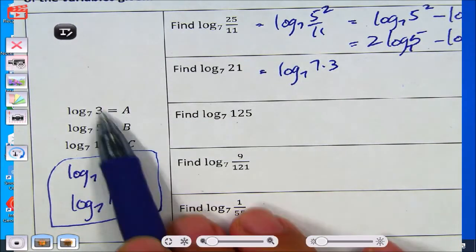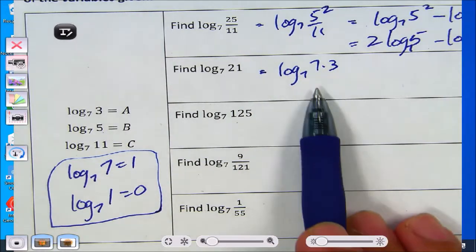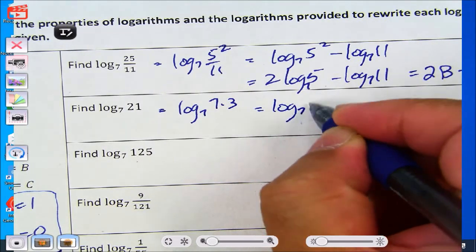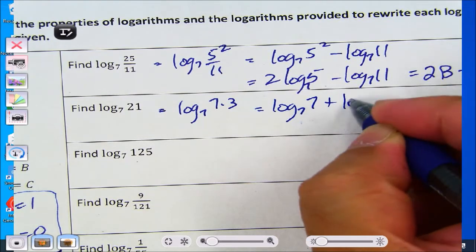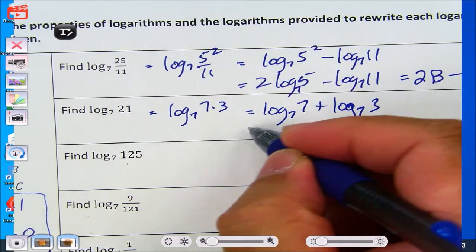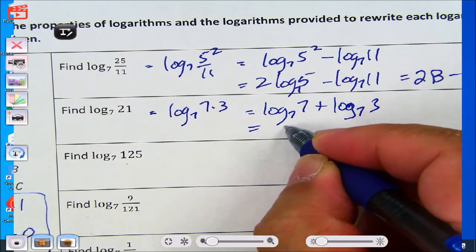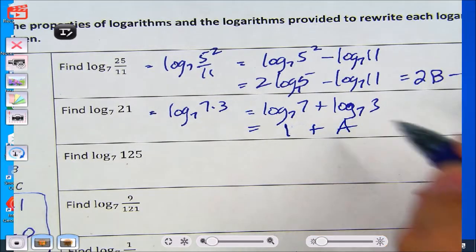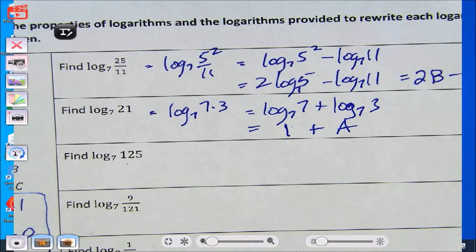Even though it's not listed over here, because it's the base, you can list it. So that's going to be log base 7 of 7 plus log base 7 of 3. And as Luke said, log base 7 of 7 is 1. And then log base 7 of 3 is one of the given ones. So it's 1 plus A. And that's the answer.